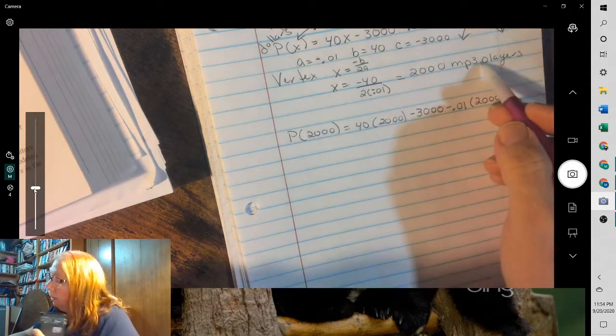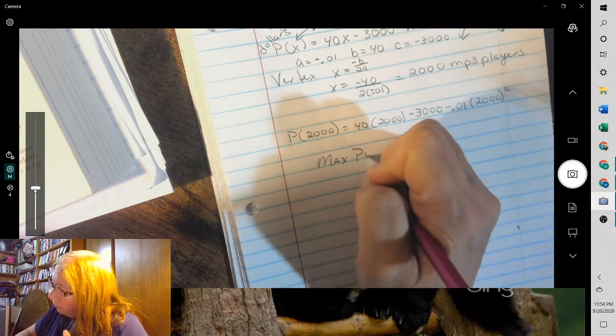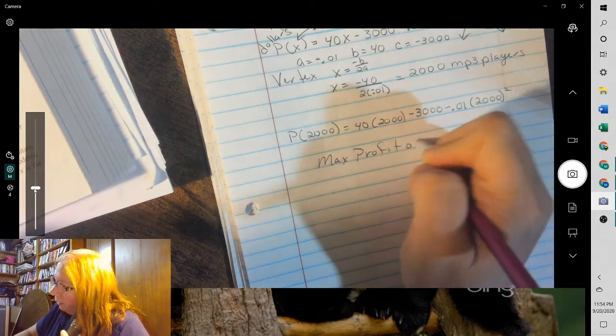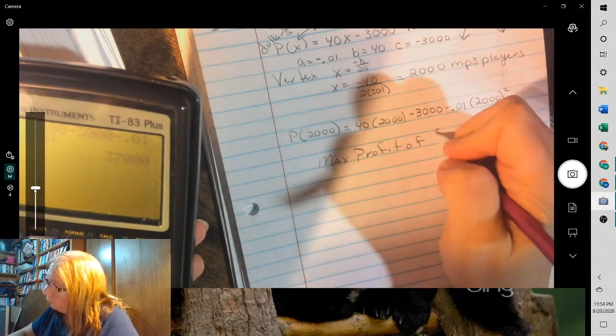So 2,000 MP3 players give a maximum profit of $37,000.